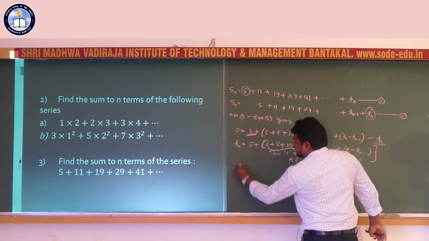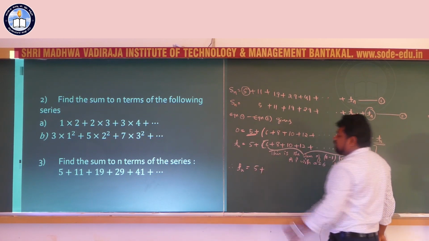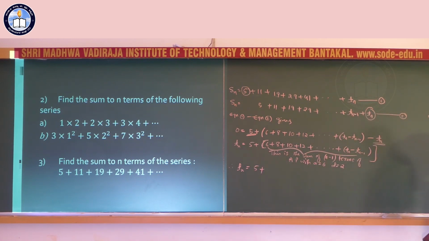Therefore, Tn equal to 5 plus the sum of n terms of the arithmetic progression, n by 2 into 2a plus n minus 1 into d.